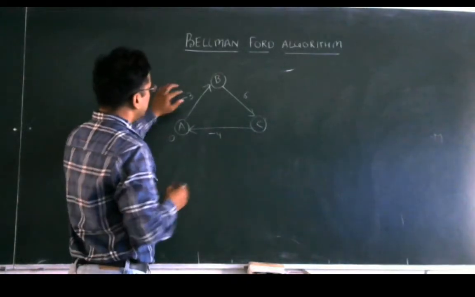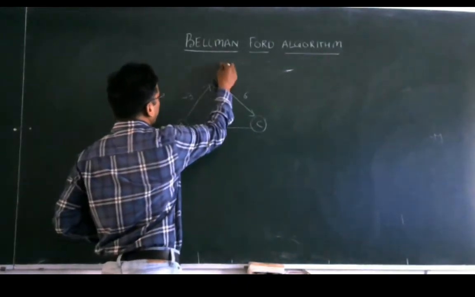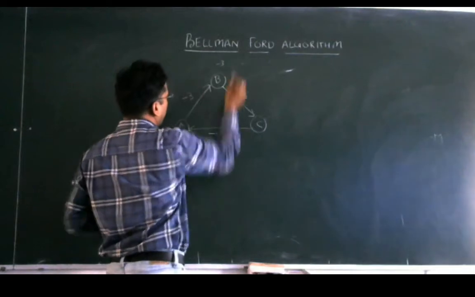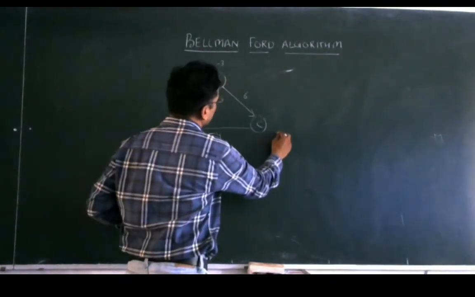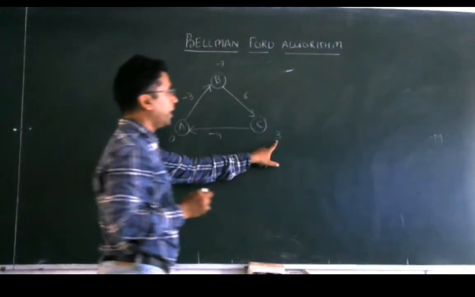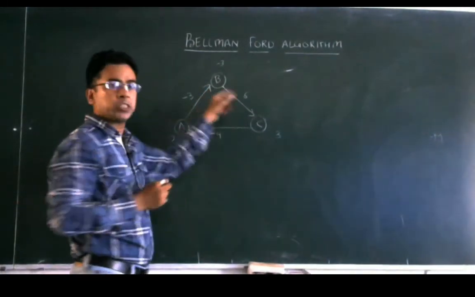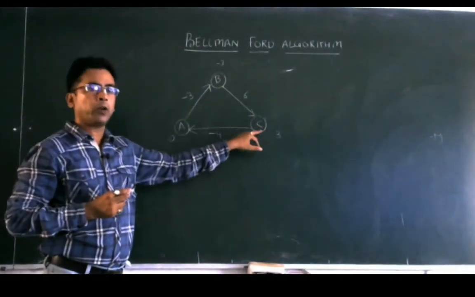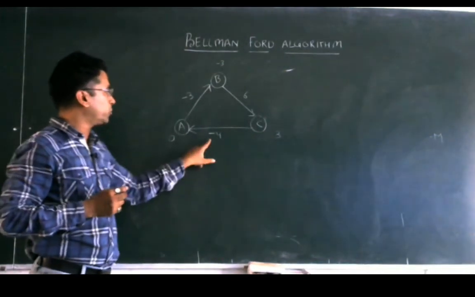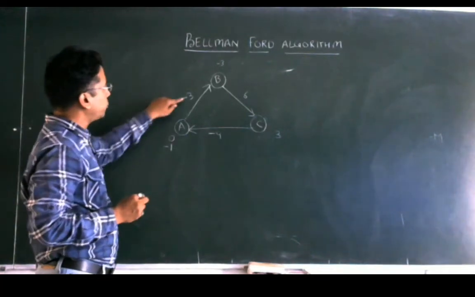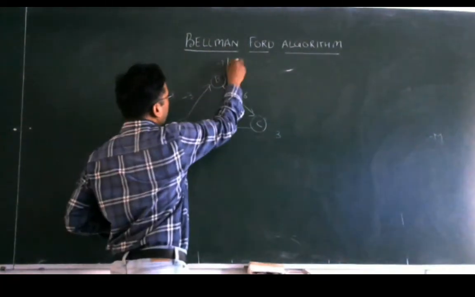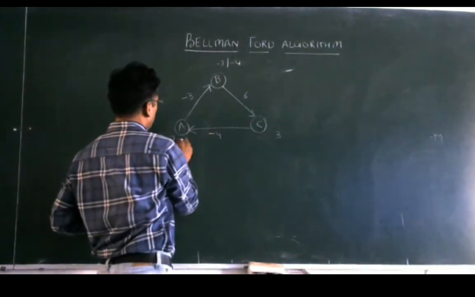Then 0 - 3, B would reach the value of -3. After that -3 plus 6, C would be relaxed at value 3. Now if we repeat this procedure, what will happen? 3 minus 4 is equal to -1. Again, -1 minus 3 is equal to -4, right?